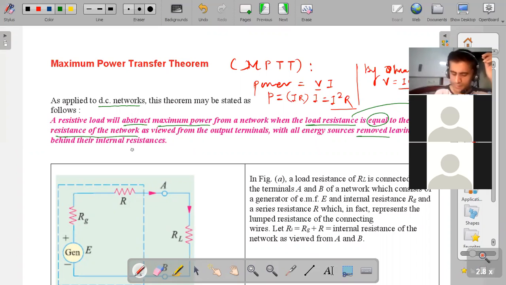See, means RL is equal to internal resistance.